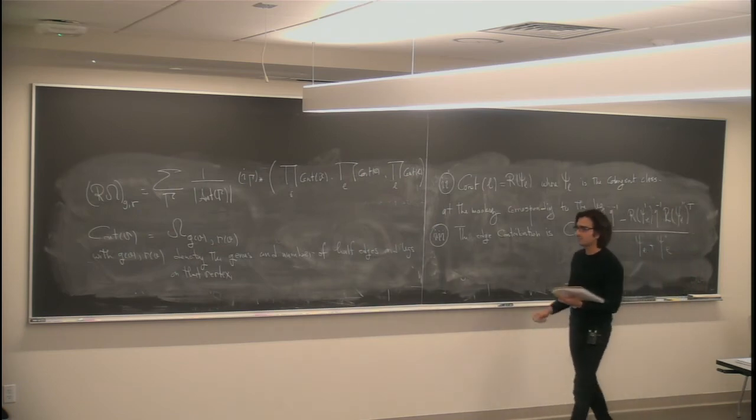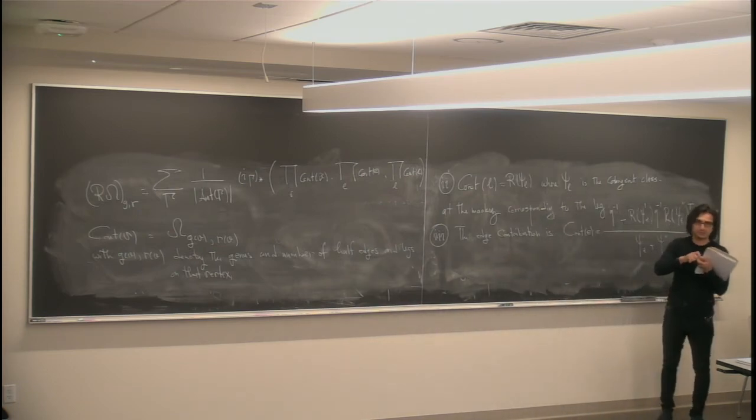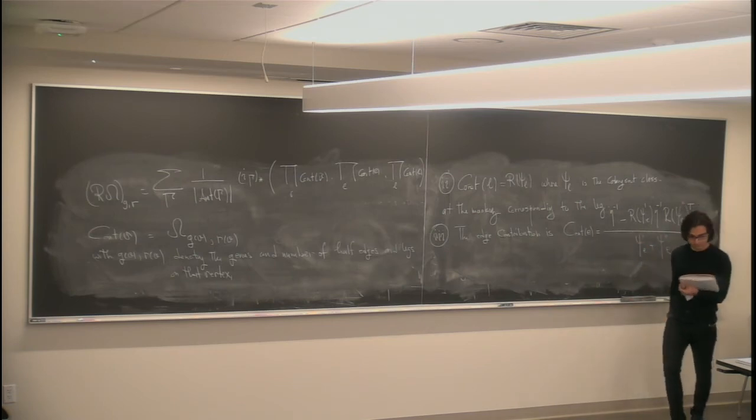Again, this is an edge. You have a node, right? And it connects a genus G to a genus G prime irreducible curve, and then you can calculate these cotangents.